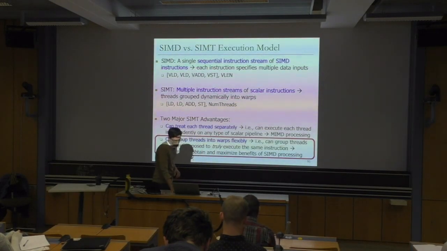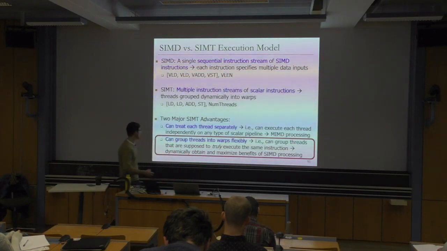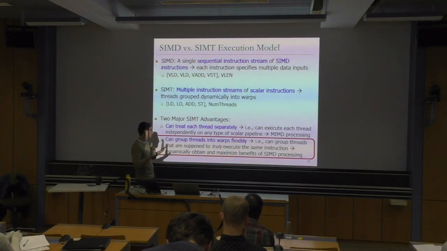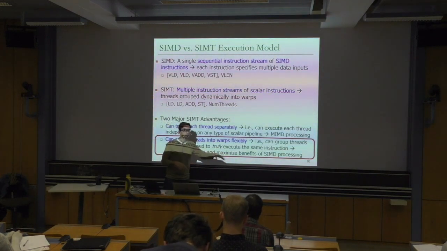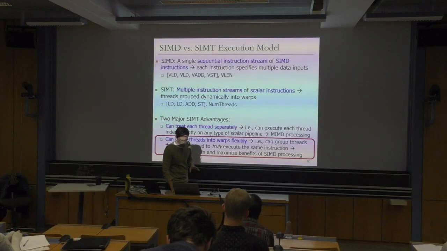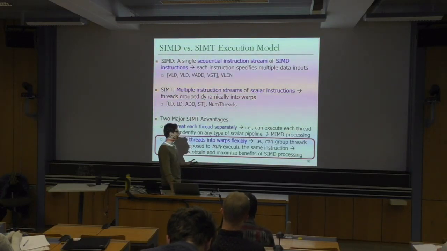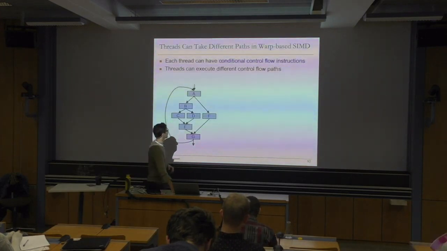And the second thing, very briefly before we finish, is another advantage of the SIMD architecture: potentially we could group threads into warps flexibly. This is more like a research proposal rather than an actual implementation on real hardware.